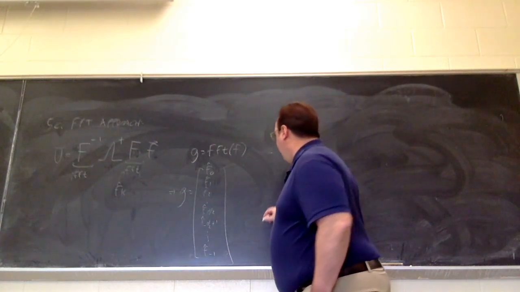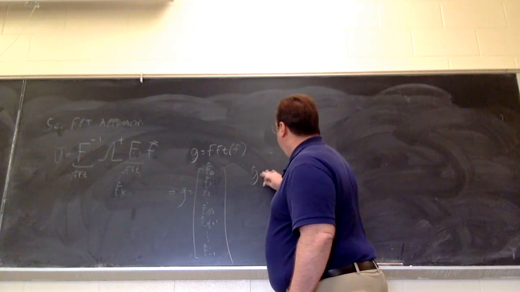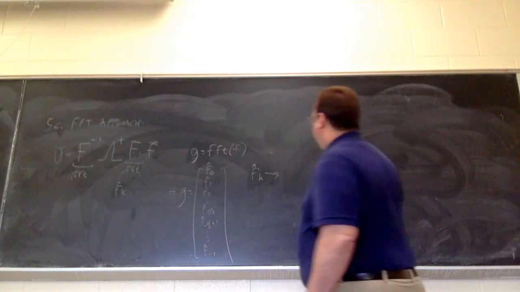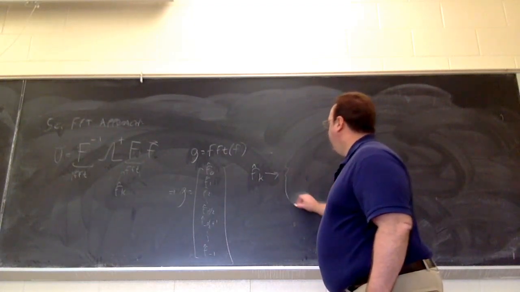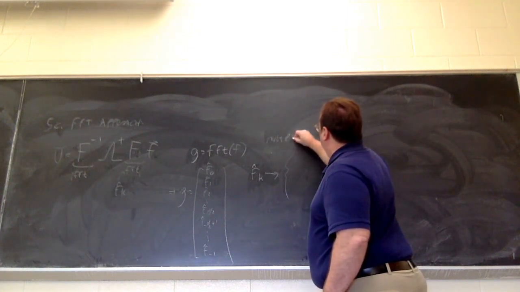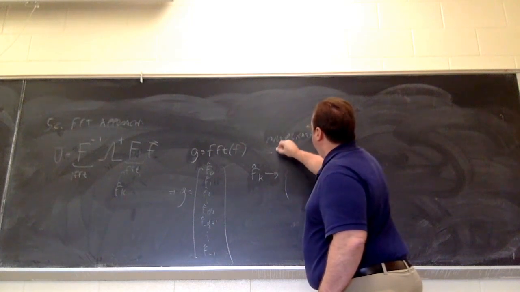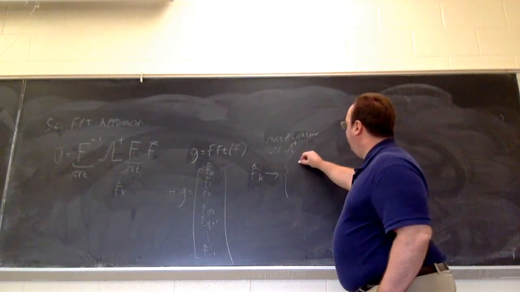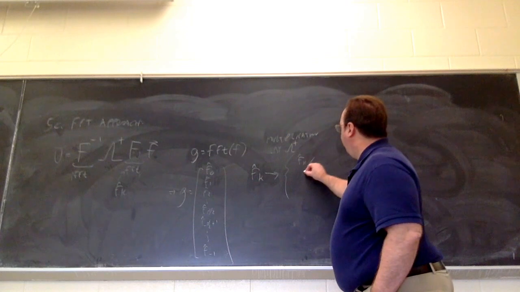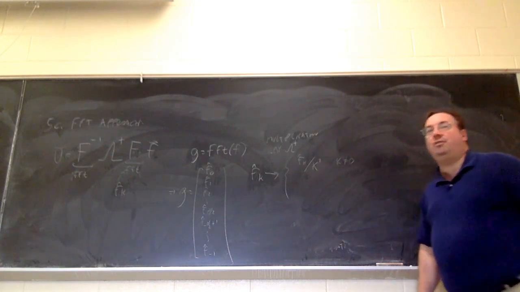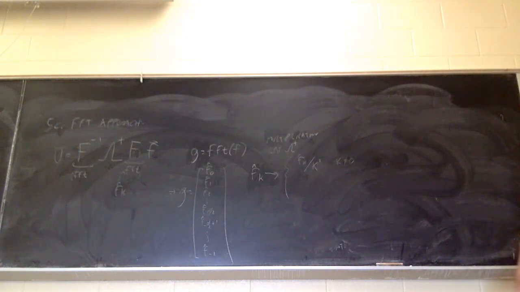So each G, okay, so F hat k goes to, as far as multiplication by the pseudo-inverse of the matrix of eigenvalues, Fk hat over k squared if k is non-zero, because when you differentiate twice, you get ik squared, which is minus k squared.